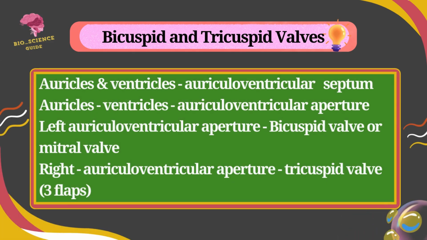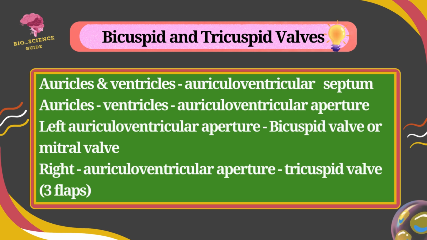The bicuspid and tricuspid valves. The auricles and the ventricles are separated internally by a wall called the auriculoventricular septum. The auricles open into the ventricles through the auriculoventricular aperture.